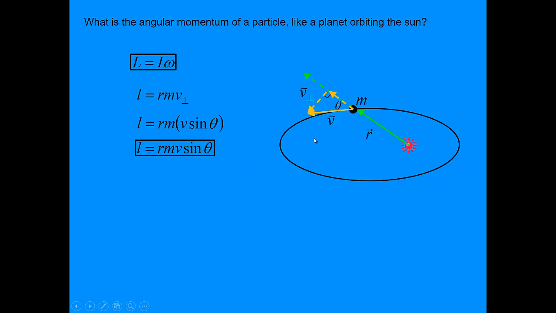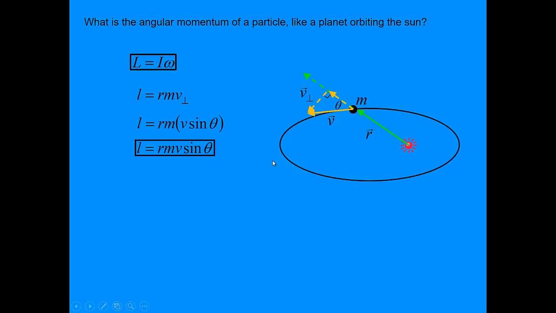Well, notice R is a vector. Velocity is a vector. Angular momentum is a vector. So we are multiplying two vectors together, and in the end we are getting a third vector out. A third vector which acts perpendicular to the plane containing the two vectors.